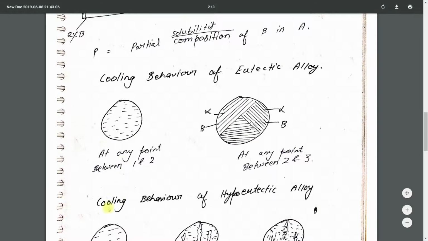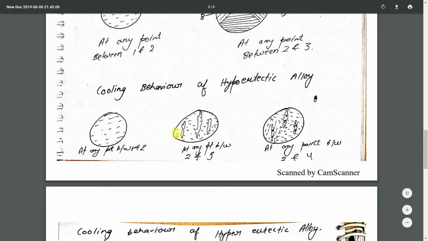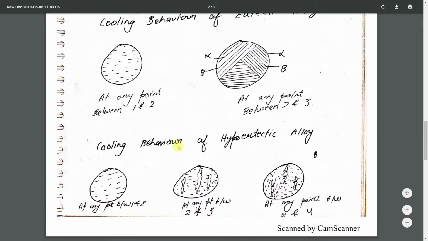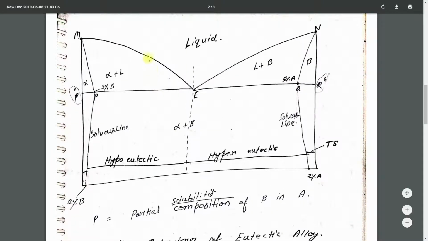Okay, now second diagram, please carefully watch here because I am going to tell a very important point. The dendrites formation takes place in this region.